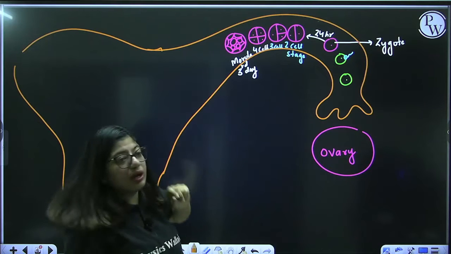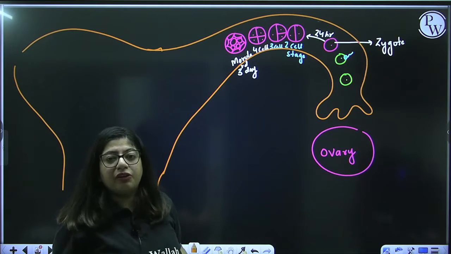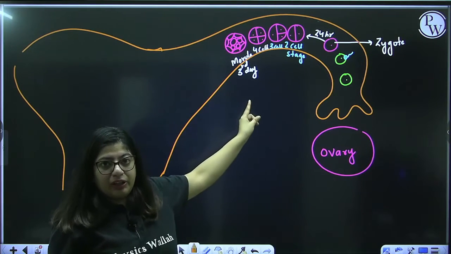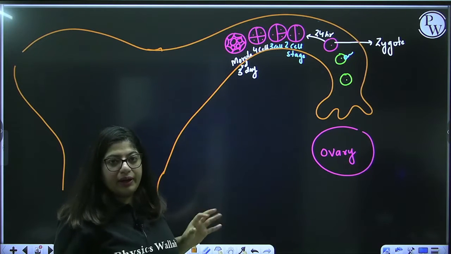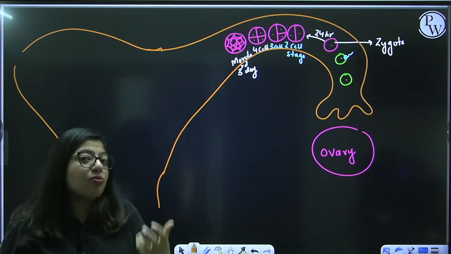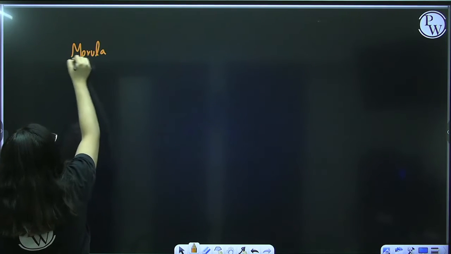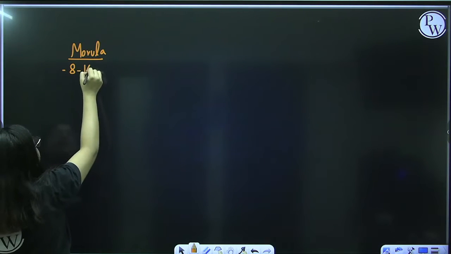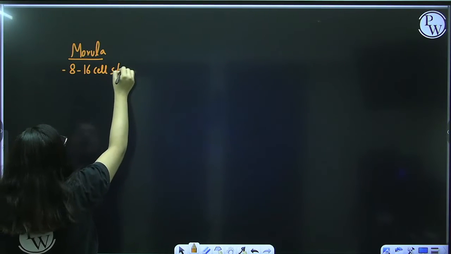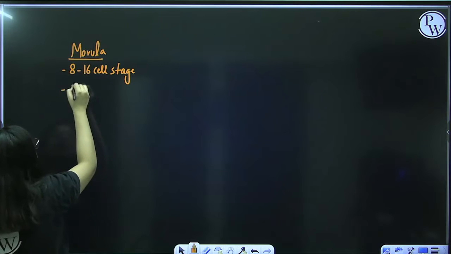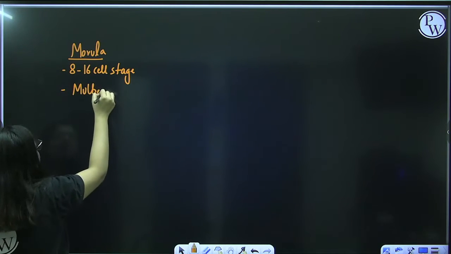Now this morula will leave the fallopian tube, right? But before that, let's see how morula looks in detail. Morula is the early embryo. It is the 8 to 16 cell stage and looks like a mulberry, like a shahtoot.